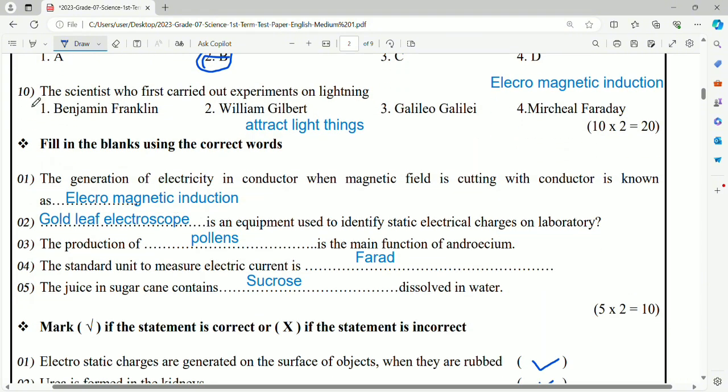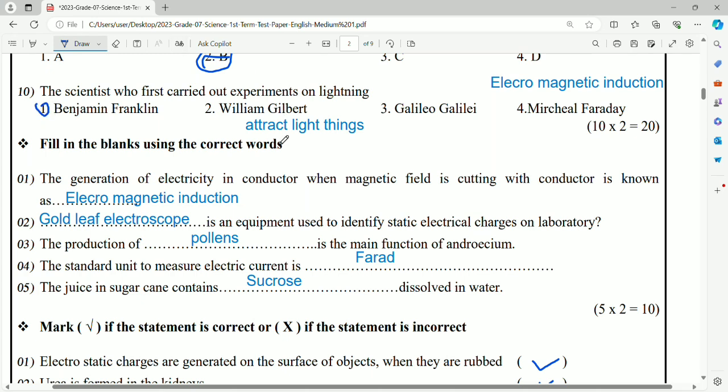So question number 10. The scientist who first carried out the experiment on lightning. The answer is Benjamin Franklin.